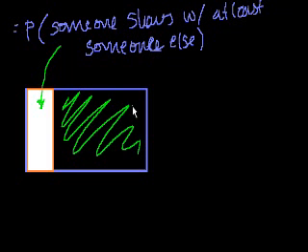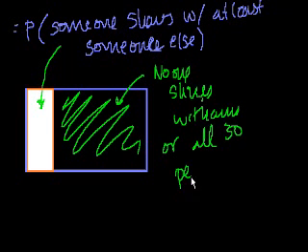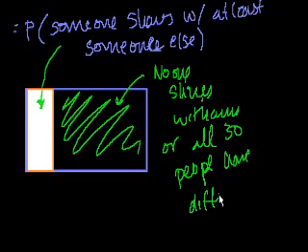What's this area over here? What's this green area? Well, that means if these are all the cases where someone shares a birthday with someone else, these are all the area where no one shares a birthday with anyone. No one shares with anyone. Or you could say all 30 people have different birthdays. Right?